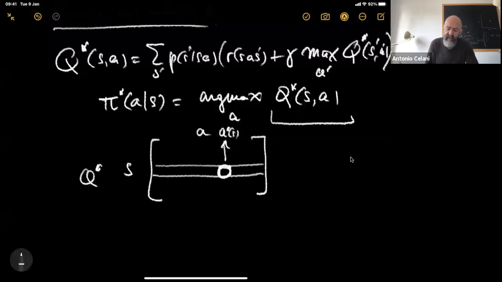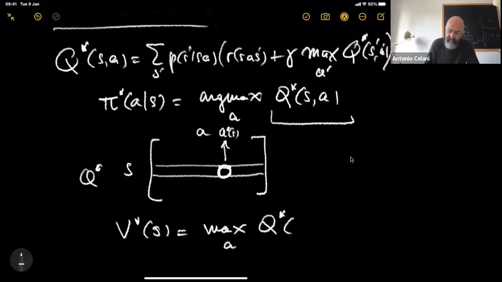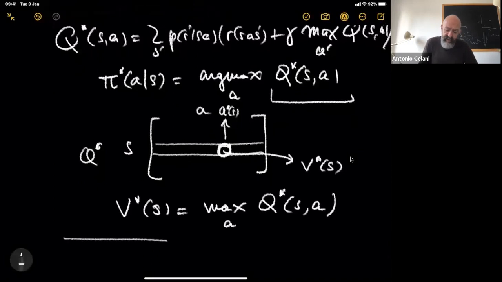In particular, you can also connect this with the optimal state value relationship. So this entry here is actually also V star of S. So there's a perfectly matching dictionary. But we will come back to this later on.